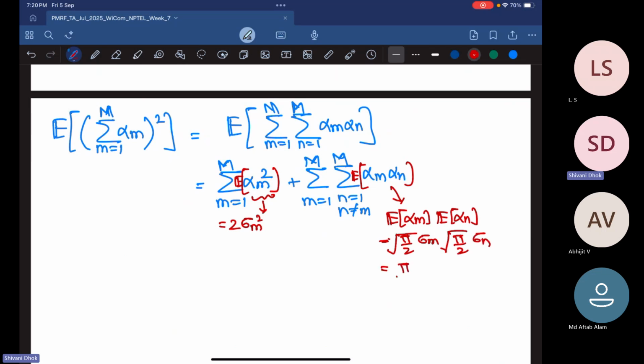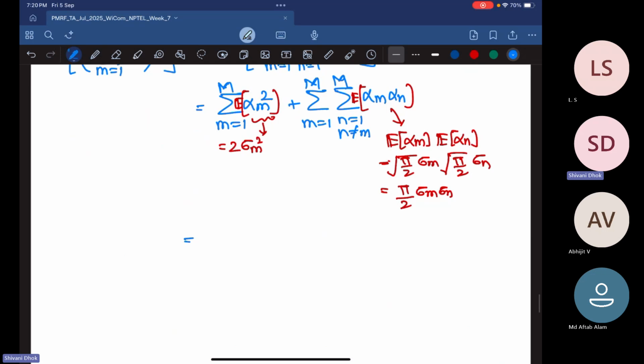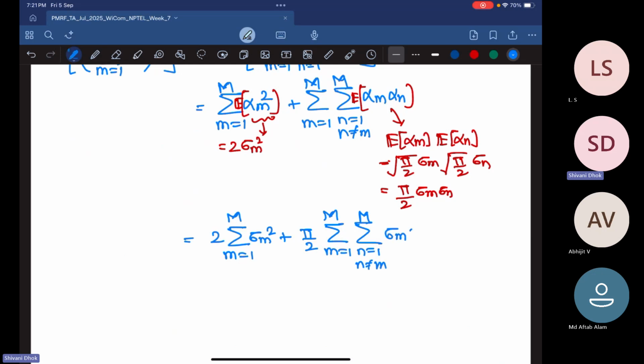So this comes out to be equal to pi by 2 sigma m into sigma n. So now if we substitute it here, we get 2 times summation m equal to 1 to capital M sigma m square plus pi by 2 summation m equal to 1 to capital M, summation n equal to 1 to capital M, n not equal to m, sigma m into sigma n.